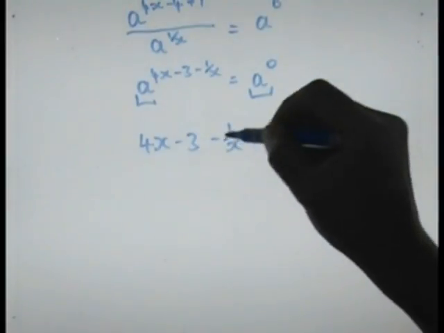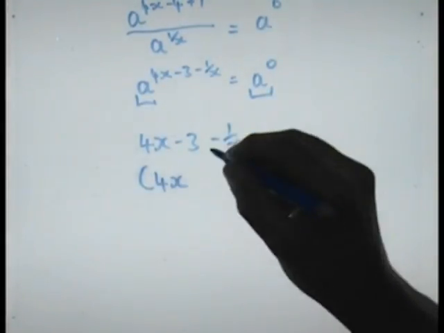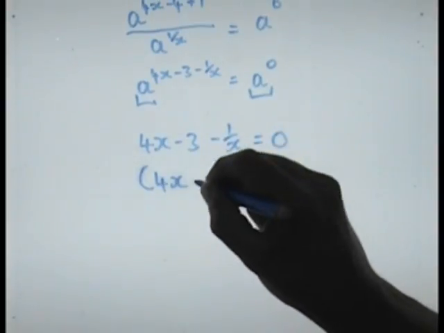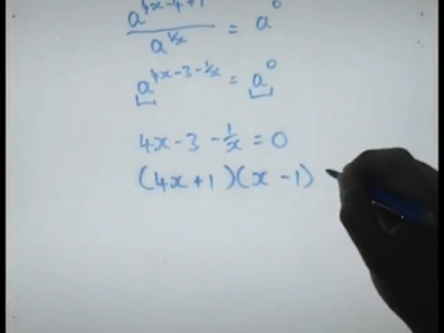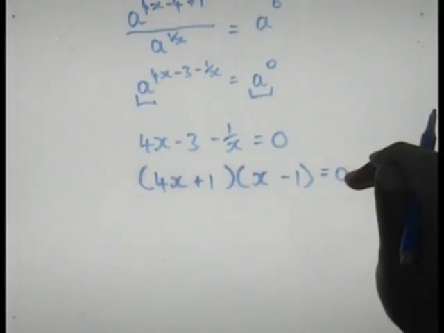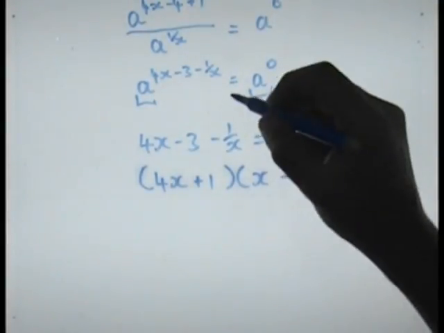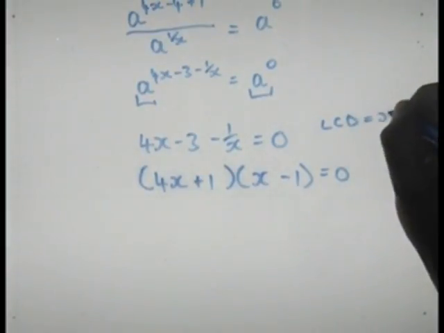Alright, this here is going to become 4x plus 1 times x minus 1 is equal to 0. The reason it's going to get to that is because I've got a common denominator, an LCD of x.